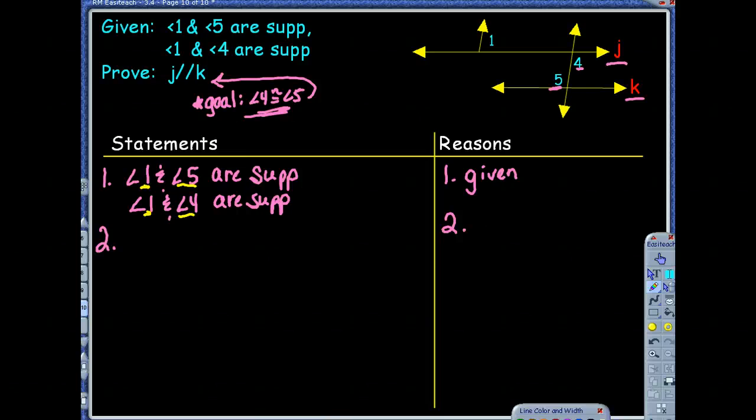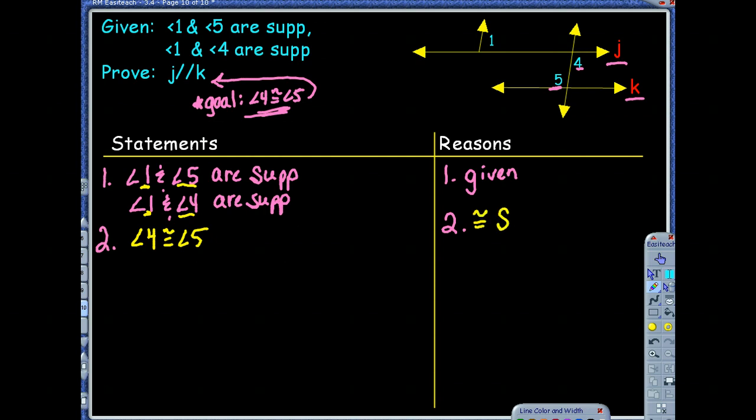If they were supplementary to the exact same angle, then those angles are congruent. So I could say angle 4 is congruent to angle 5, and the reason is the congruent supplements theorem.